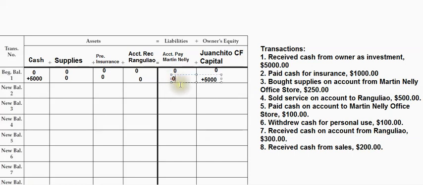Let's remember, for each cell, you have to put two amounts: one is the balance, the other one is the amount of the transaction. After doing this first row, we are going to start with the second row. But when we start with the second row, we don't just put the amount of the transaction. We have to first start calculating the new balance.